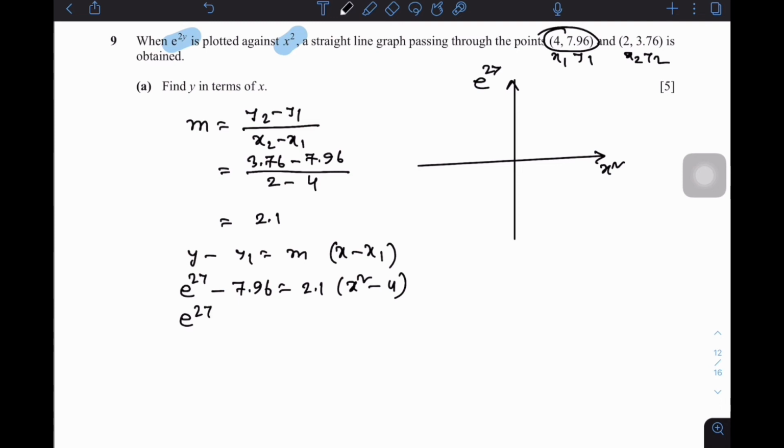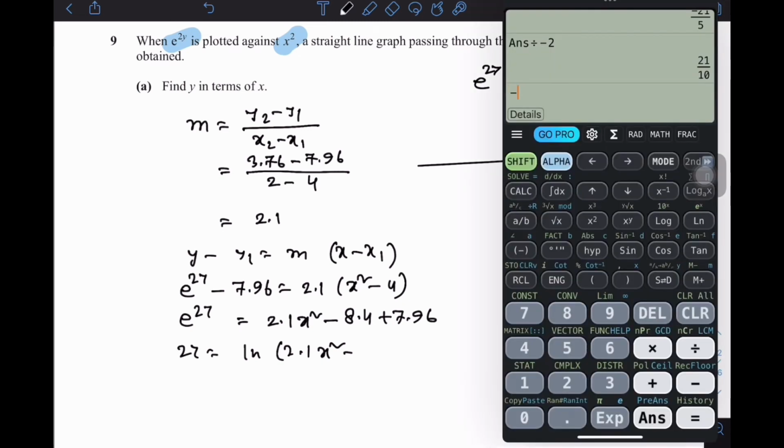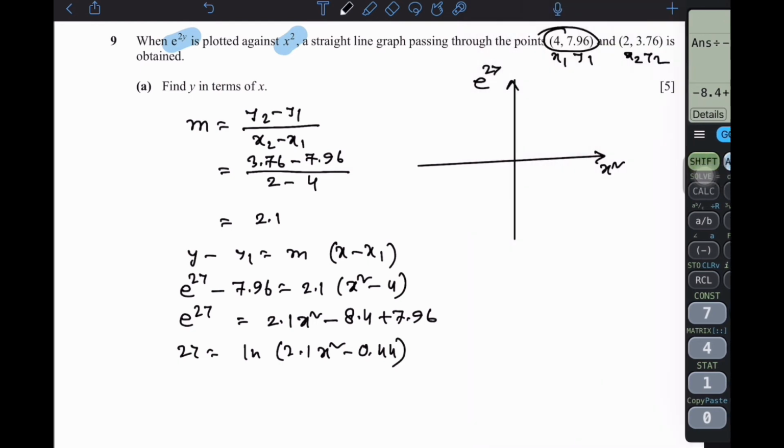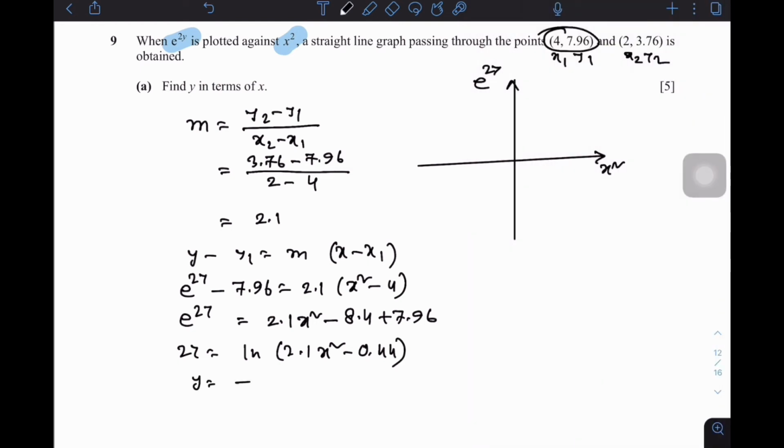Now e to the power 2y equals 2.1 times x square minus 4, 4 ones are 4, 4 twos are 8, plus 7.96. Now 2y equals ln of 2.1 x square minus 8.4 plus 7.96. So this will be minus, and in decimal it will be minus 0.44. Close the bracket. So y equals half ln of 2.1 x square minus 0.44.